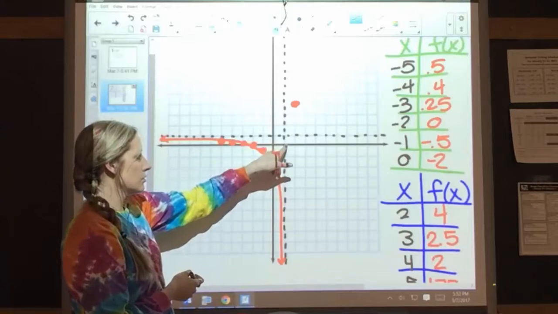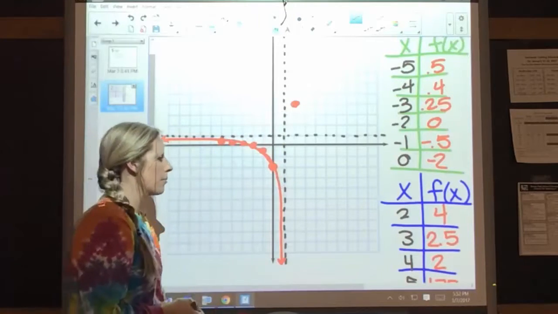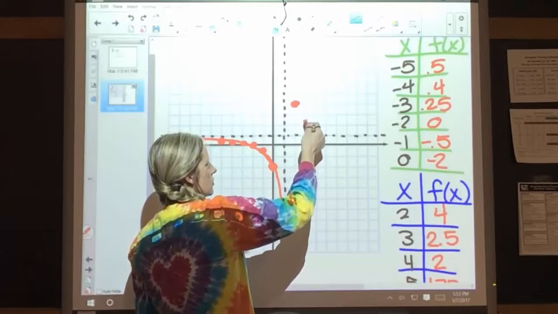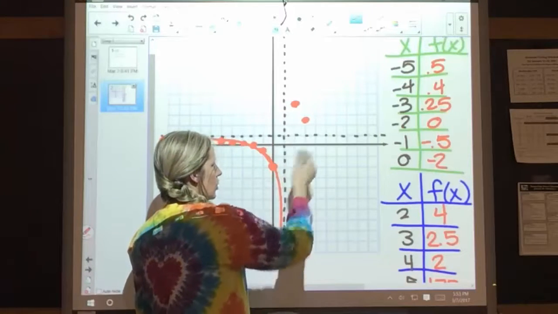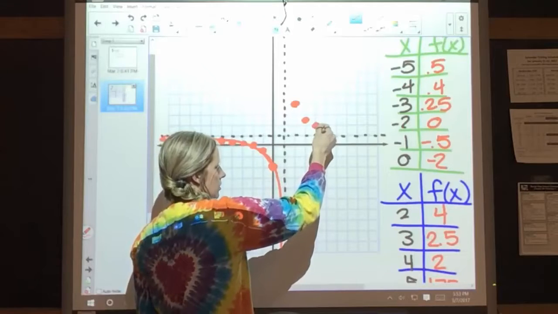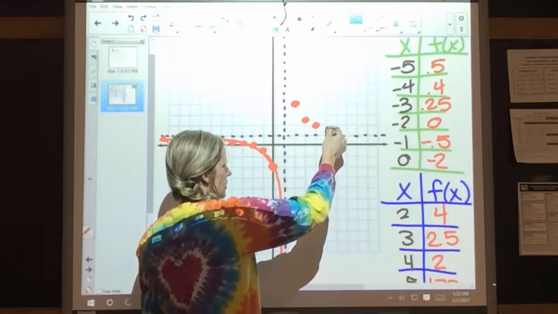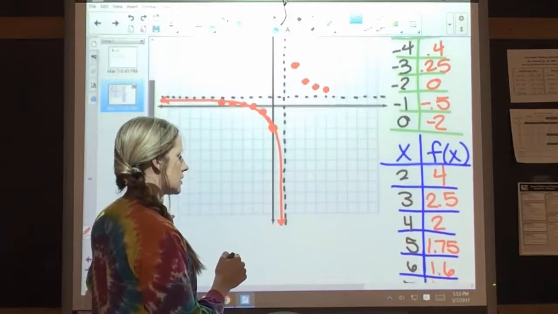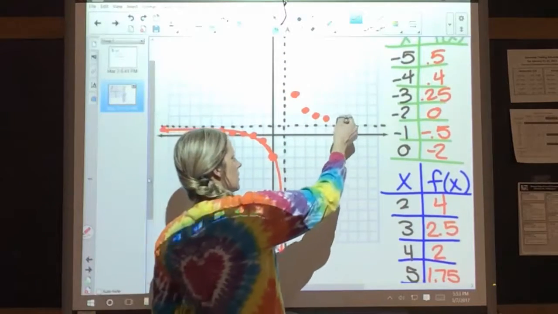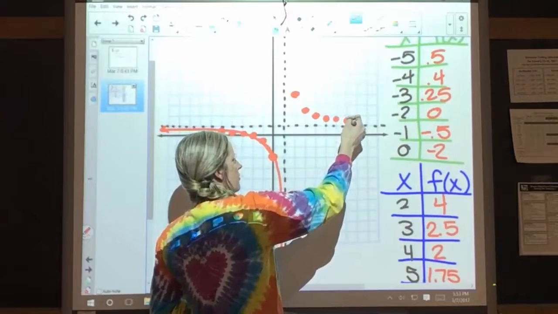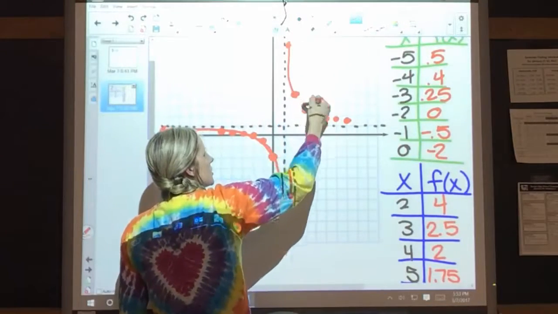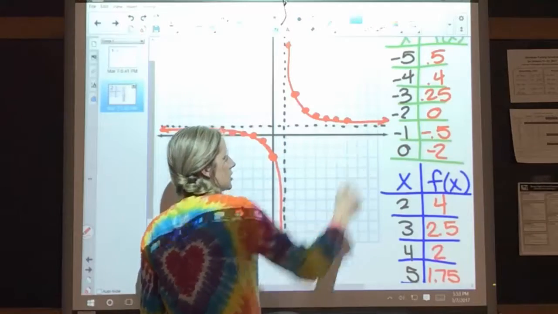It's still 2 to the right, 4 up. 3, 2.5, 4, 2, 5, 1.75, 6, 1.6, 7, 1.5. Okay, and then you're going to draw your curve. Get really, really close to those boundary lines, but don't actually touch it.